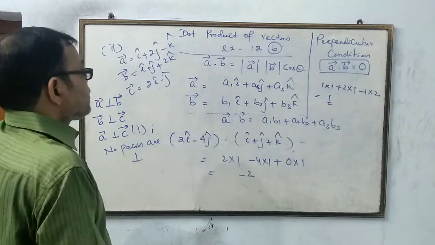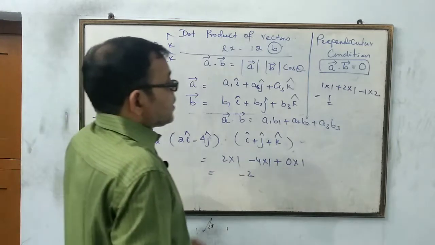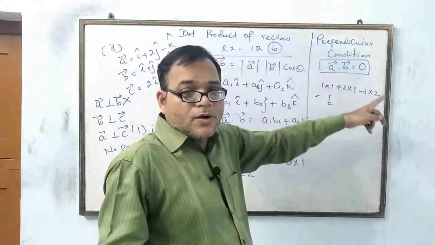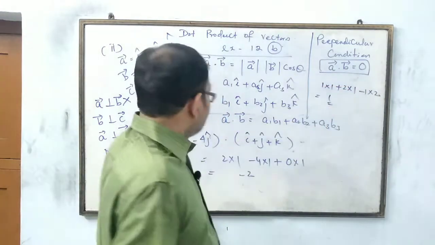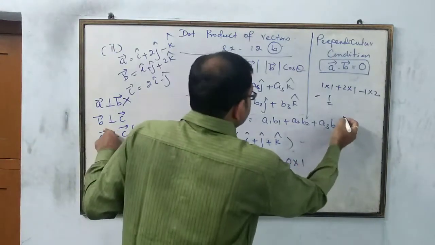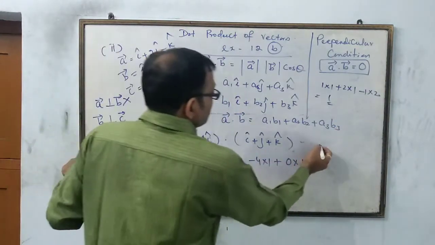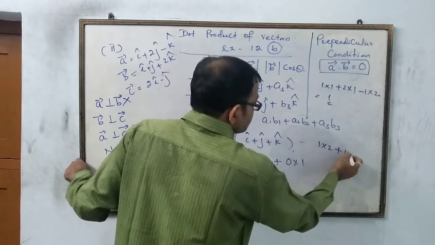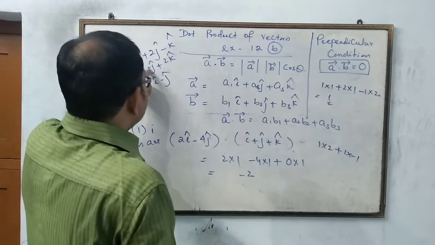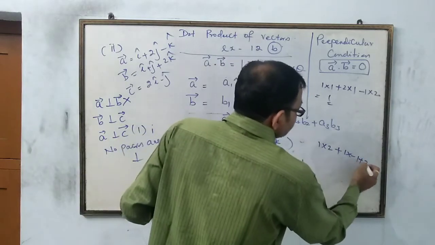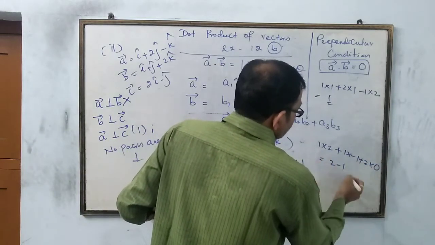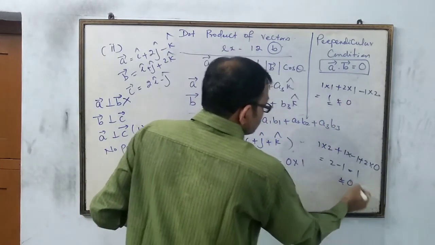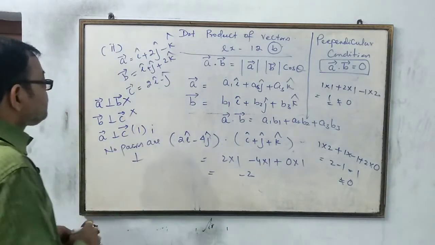So a is perpendicular to b is wrong, because if a and b are perpendicular, the product must be 0, but the product is 1. Now b perpendicular to c: 1 into 2, 1 into minus 1, plus 2 into 0. The answer is 2 minus 1, which is 1 again. It is not equal to 0, so b perpendicular to c is also wrong.